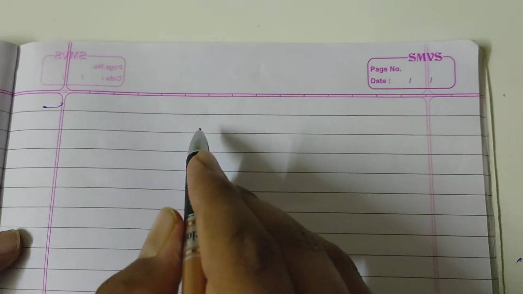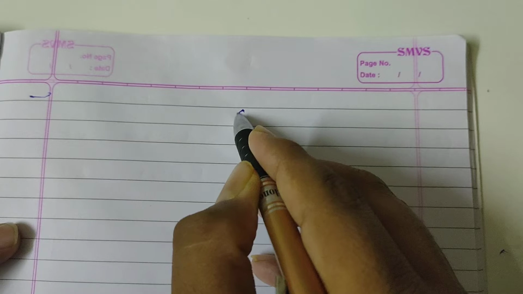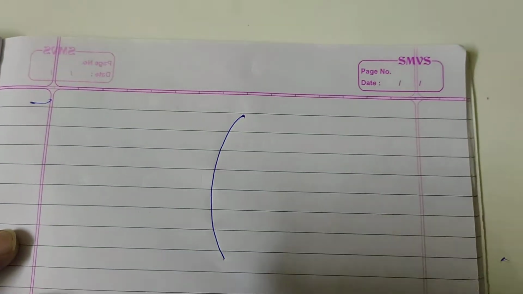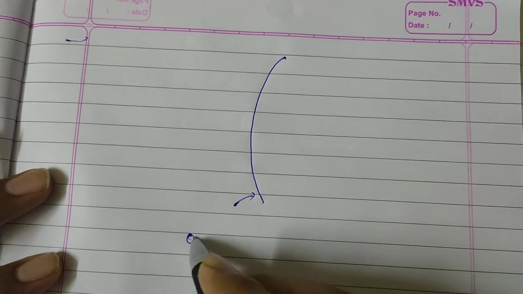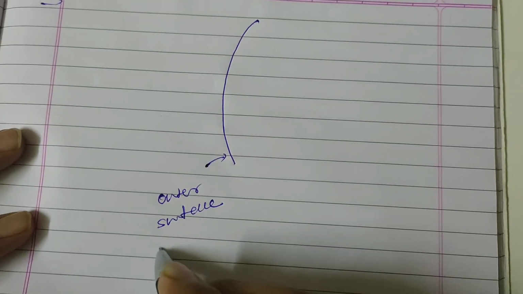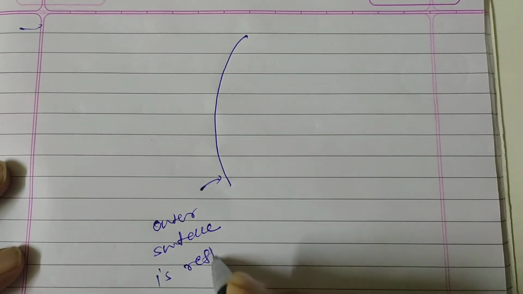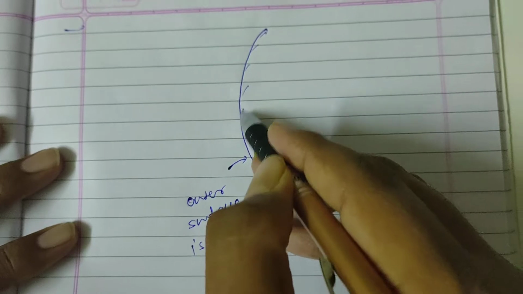If we draw the diagram of convex mirror, then it looks like that. Its outer surface is reflecting, but internal surface is polished.